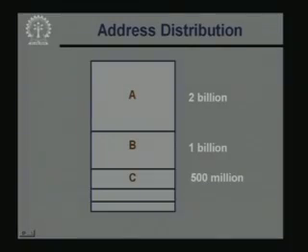Among the total 2 to the power 32 or approximately 4 billion addresses, the first 2 billion addresses are taken up by class A. The next 1 billion addresses are taken up by class B. The next 500 million addresses are taken up by class C, and the last 500 million are shared by class D and E. So, this gives you an idea about how these addresses are actually distributed.